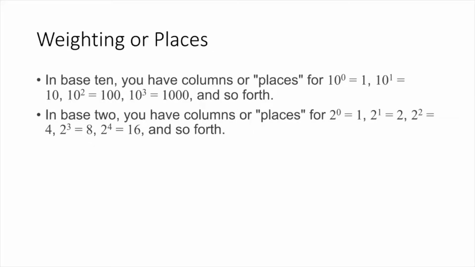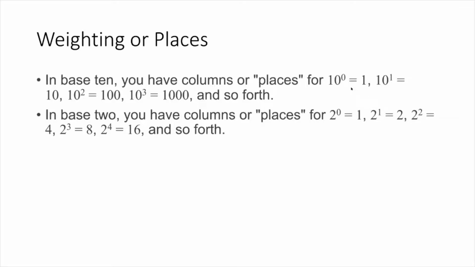If we're talking about weighting or places, what is the value of the specific places in a number? To come up with the actual value of a number, you would have to think about its weighting, the values associated with each place.